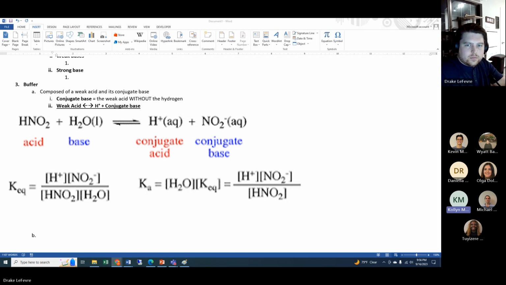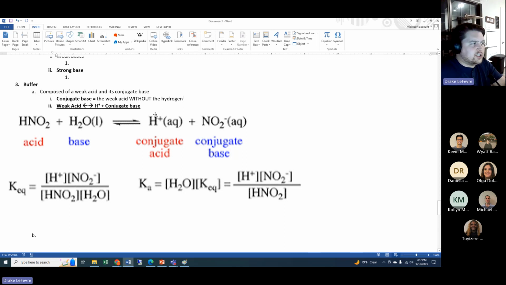Is it the same for the conjugate base? I mean acid? Because right now you only have the base up there, so is it the same for the acid? I'm not sure exactly what you're asking. Are you talking about conjugate base or conjugate acid? If you put a weak acid in, you're going to get hydrogen and conjugate base here.